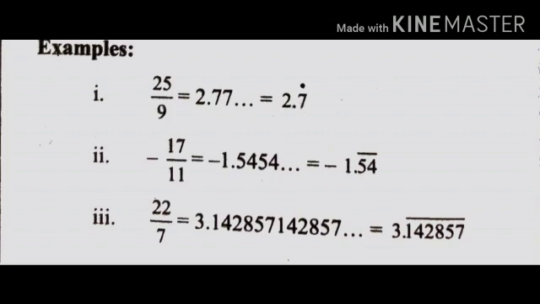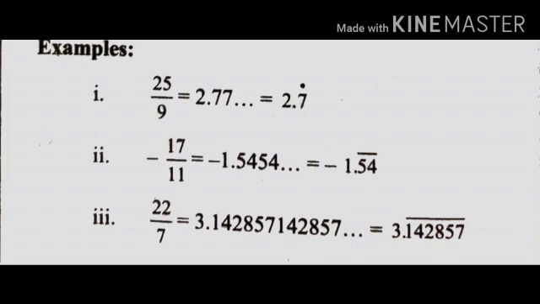Now, in the second example, that is minus 17 upon 11, when we divide, the number 5, 4 is getting repeated again and again.